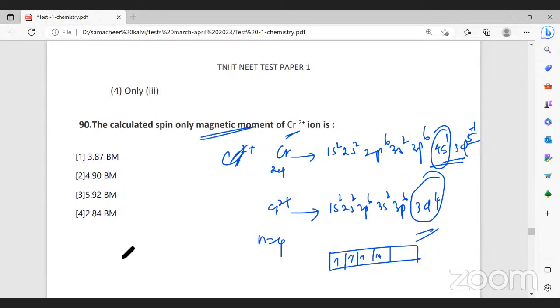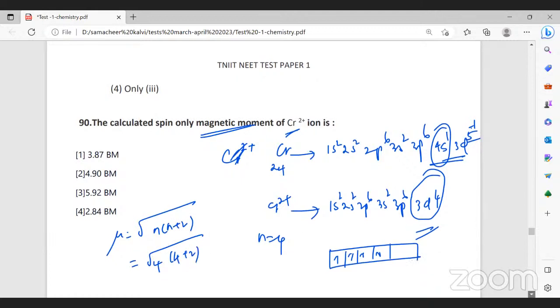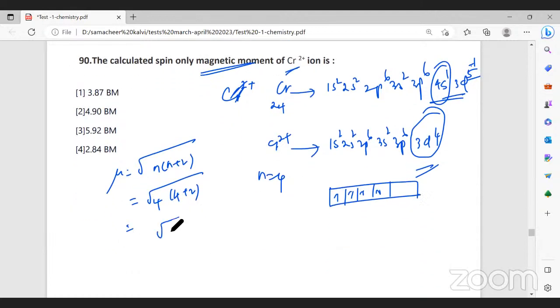Magnetic moment is calculated by the formula square root of n into n plus 2. That is square root of 4 into 4 plus 2. So it will be root of 24. That will be around 4.90 Bohr magneton. The unit is Bohr magneton. Hence, the answer for this question is option 2.